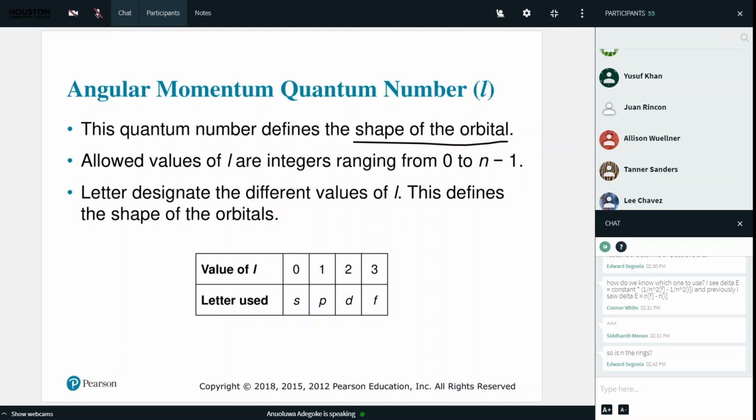So essentially, n is the rings. So L equals n minus 1.